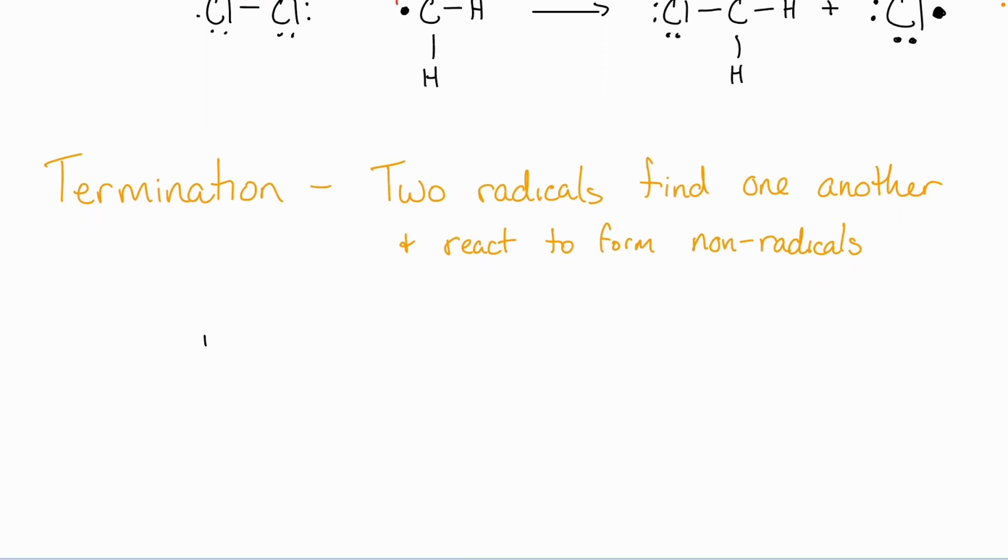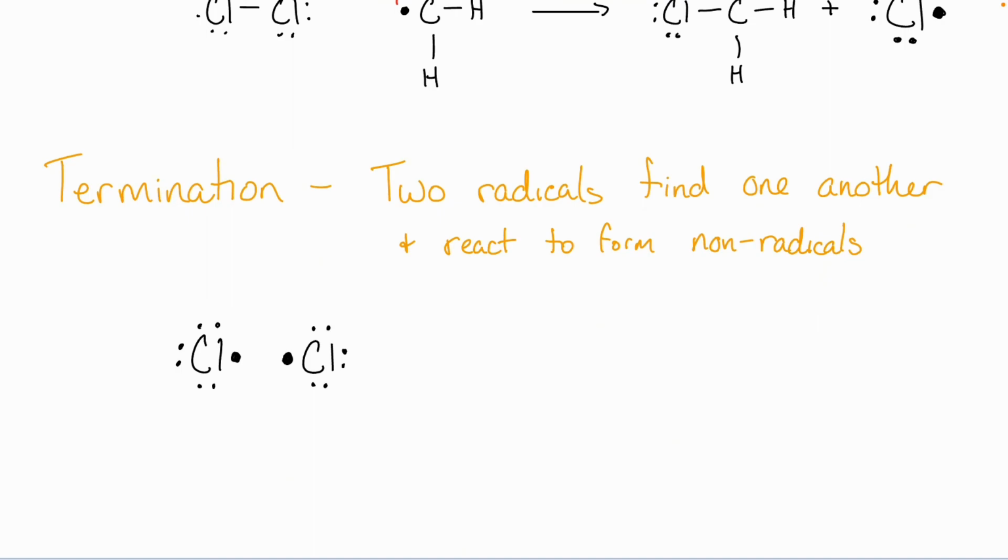Okay, in the rare event that we have these two chlorine radicals finding one another, so here's one, here's another. Both of these chlorine radicals have these unpaired electrons, right? So they're both angry. Well, they can just very easily join teams and form a paired electron, right?